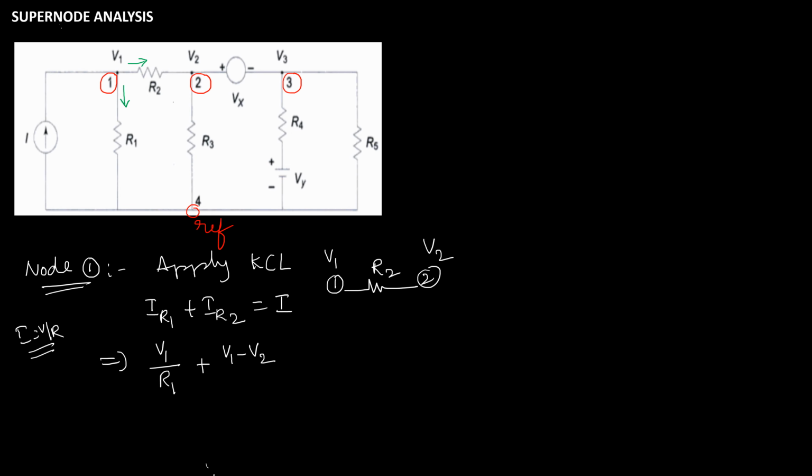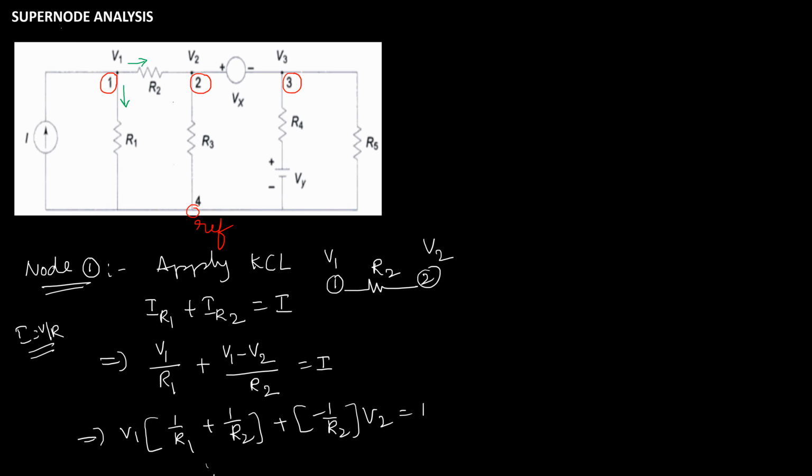So V1 minus V2 is the net voltage across R2, divided by resistance R2, equal to I. So rearrange. Separate the V1 and V2 coefficients. So this is 1 by R1 plus 1 by R2, multiplied by V1, plus minus 1 by R2 into V2, equal to I. So this is your first equation.